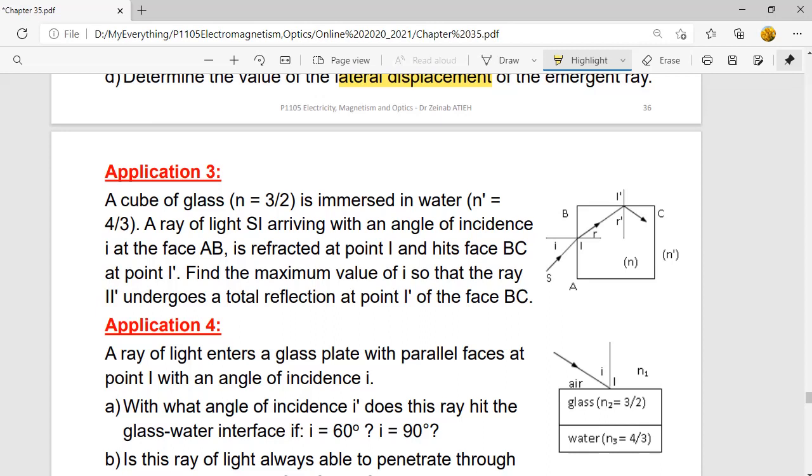Here we are going from dense to rare, so there is a possibility of total internal reflection. The question asks how large the angle of incidence I on surface AB can be so that on the face BC we always have a total internal reflection. So let's start solving.